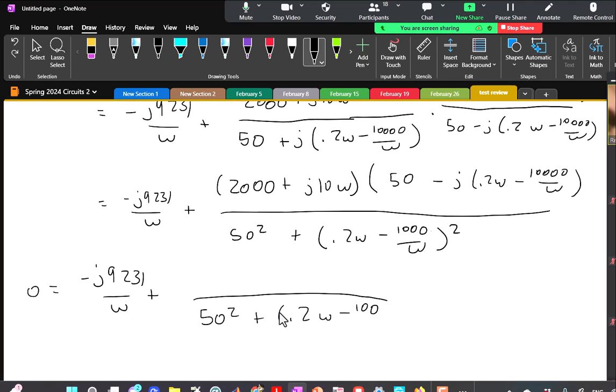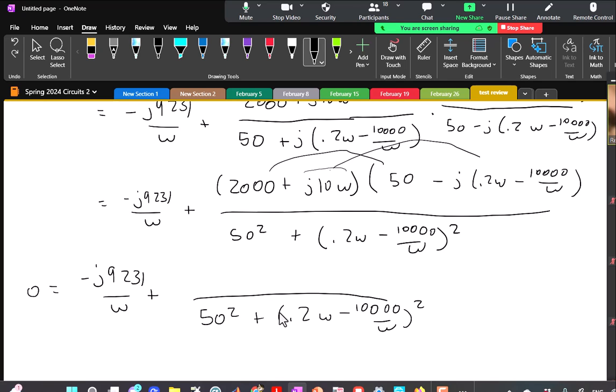This was 10,000. And so the imaginary part of the numerator, if you think about foiling this out, this part would be real, so I don't need that. And the j times j10 omega times that would be real, so I don't need that.